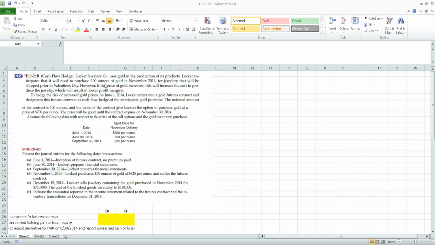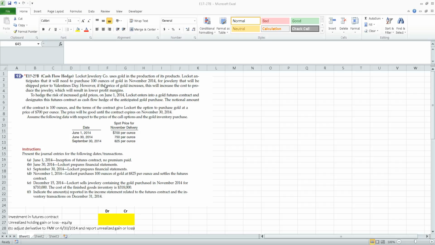So with that as background information, let's take a look now at exercise 17-27B. In this problem, again a cash flow hedge, we've got Lockett Jewelry Company. They use gold in the production of their jewelry, and they anticipate needing to purchase 100 ounces of gold in November 2014 for jewelry that they're going to manufacture and ship prior to Valentine's Day.